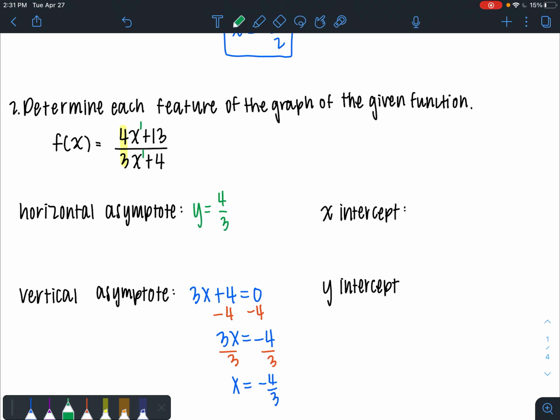For the x-intercept, we'll set the numerator equal to 0 and solve. So subtract 13, and 4x equals negative 13. Divide by 4, and x equals negative 13 over 4.